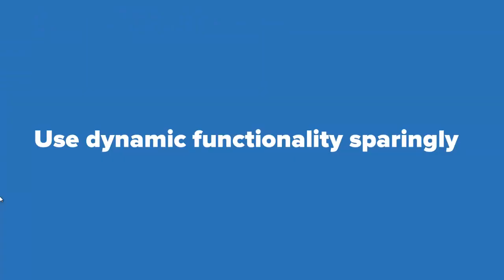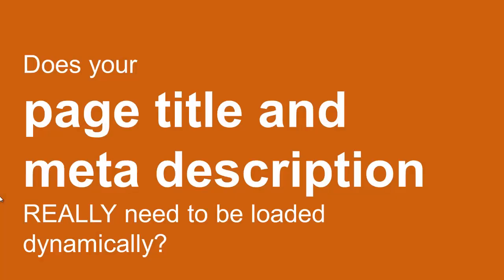The next thing you can do is use dynamic functionality sparingly. Think about what you really need to use it on the site for. Do you really need to dynamically feed your page title and meta description? Really? No. And also, don't use loading the stuff after the initial page load as a band-aid.